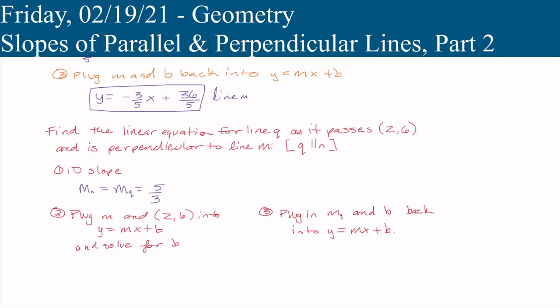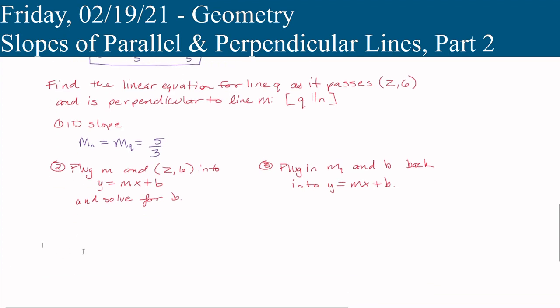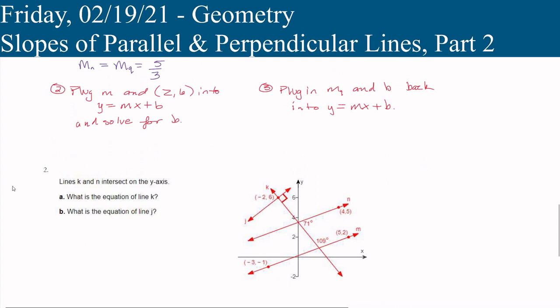Now, this assignment is riddled with having to find slopes. If you look at number 2, it says lines K and N intersect the y-axis. Here is line K, and here is line N. What is the equation for line K? We are given here that K has a point, a coordinate to play with, -2, 6. But it doesn't give you any other coordinate. Notice here, though, there's an intersection.